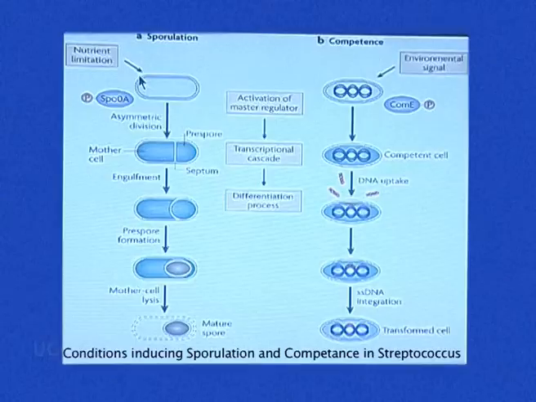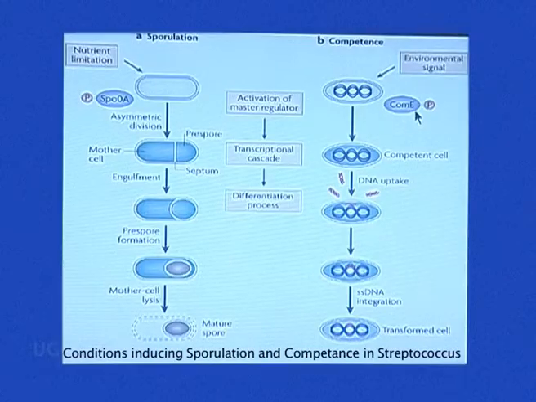As I was telling you, this particular bacteria exhibits two important phenomena. One is it can produce a spore, another one is it can undergo transformation. So here you can see in this slide, sporulation is actually production of a specific endospore through the formation of pre-spore and forespore, and ultimately this is the structure which helps them to survive during unfavorable conditions, and the spore gene, SpoA in fact, is responsible for induction of sporulation.